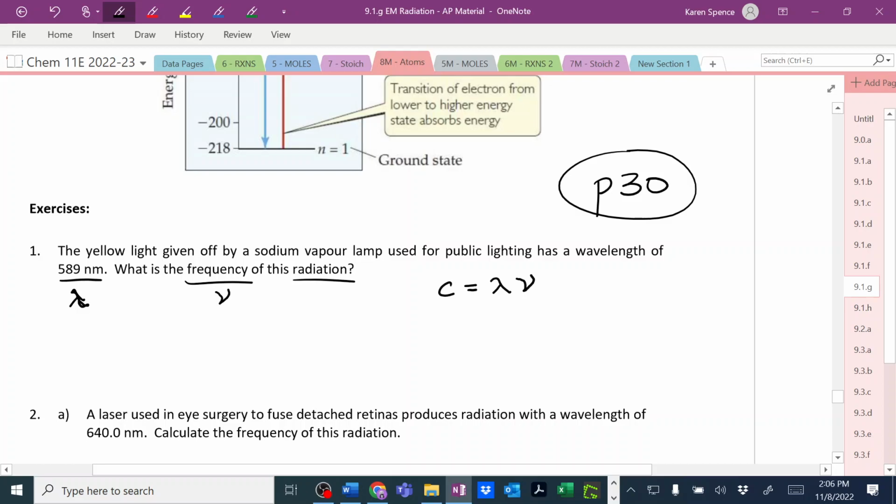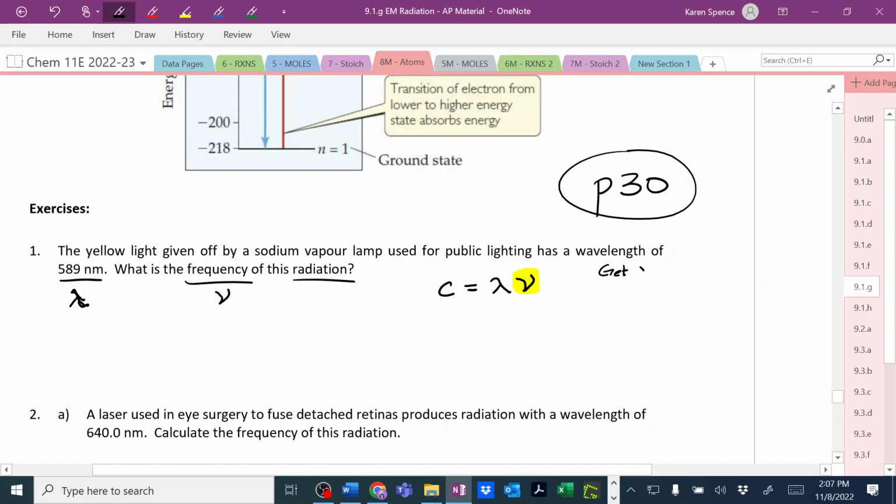Now to do the algebra for this, I would truly suggest solve the equation first and plug in the numbers afterwards. It's usually easier and tidier, okay? So you want to get nu all by itself. You want to isolate the variable you want.